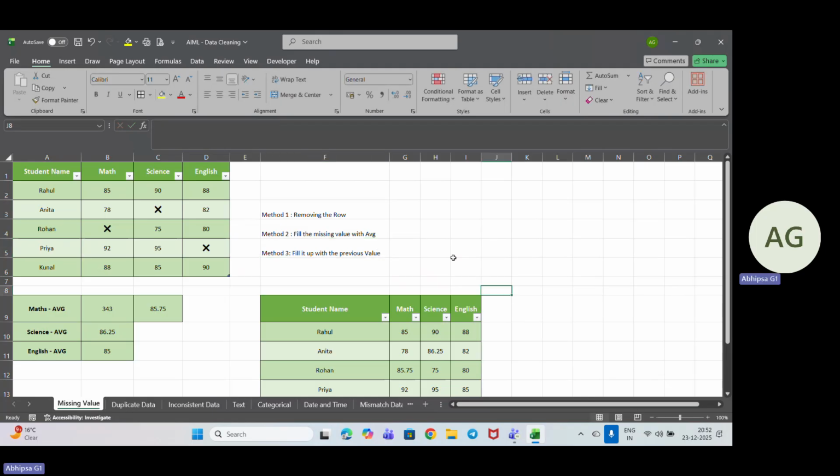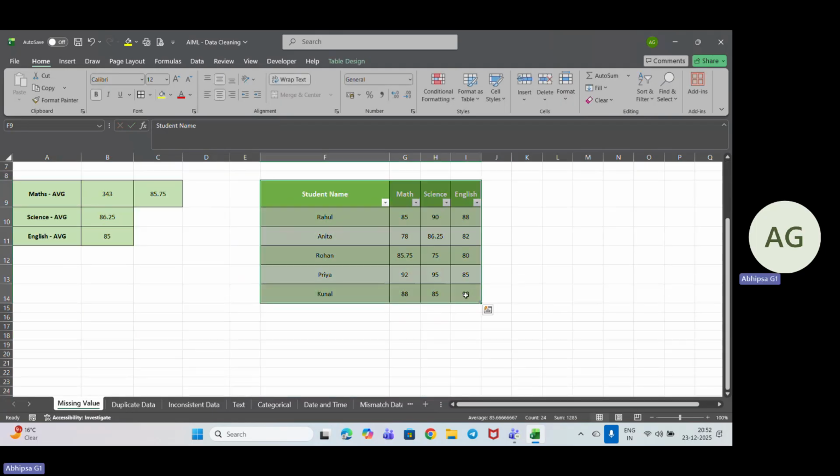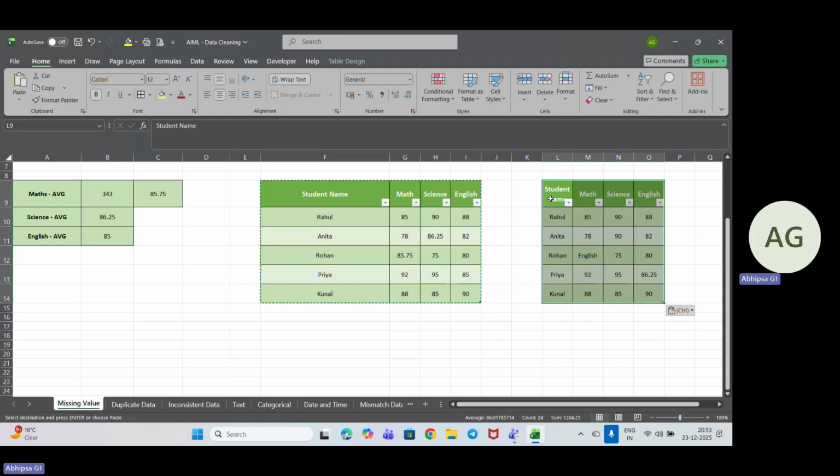Here basically what we are doing is Control C and Control V. In this case, you can see that here we have this value, this part is vacant, so we'll fill it up with the above value.